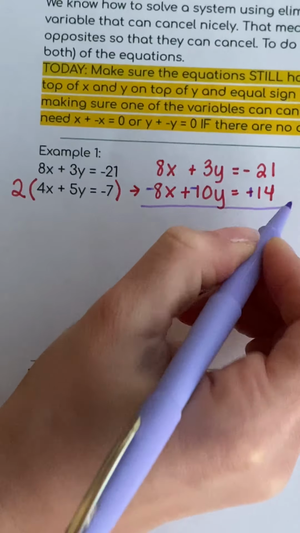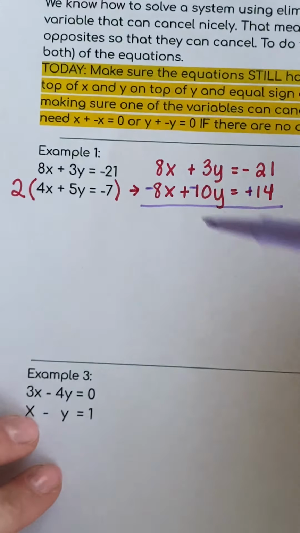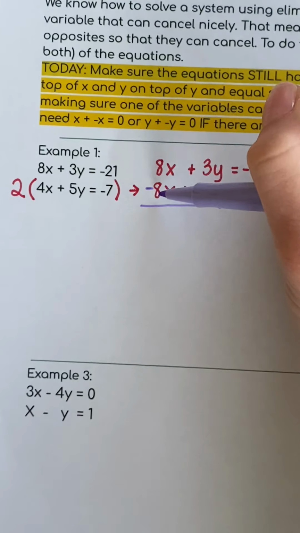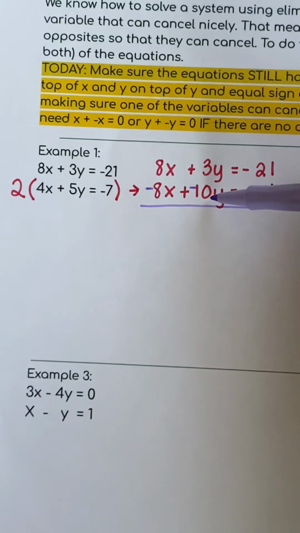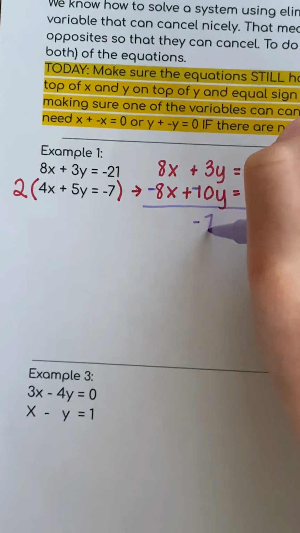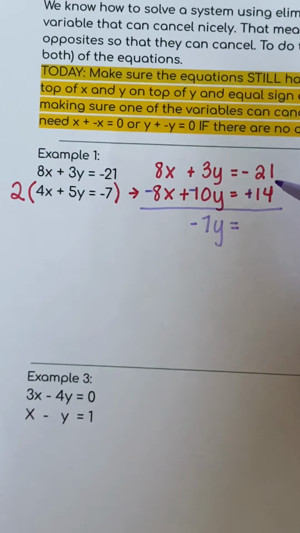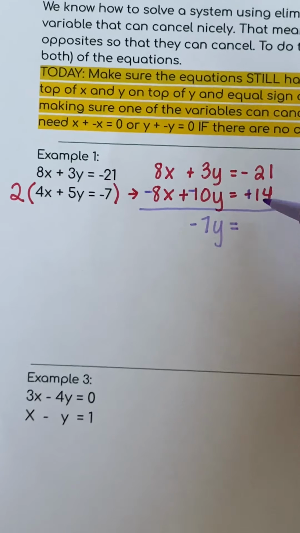And then I can put my line in, and I can add. 8x plus -8x cancels, because 8 plus -8 is 0. 3y plus -10y is a -7y. -21 and a +14 is a -7.